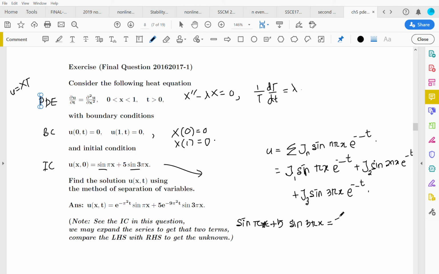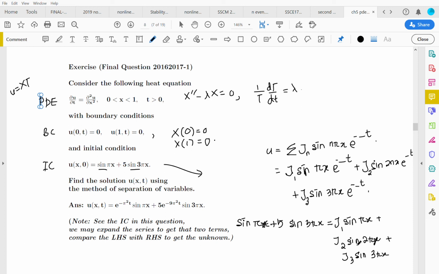You will have J1 sine pi x plus J2 sine 2 pi x, and the sine 2 pi x term is actually equal to 0 because the left side does not contain sine 2 pi x. Then we have J3 sine 3 pi x.